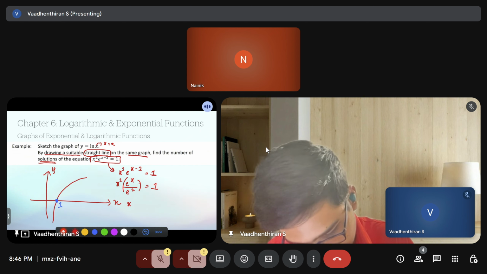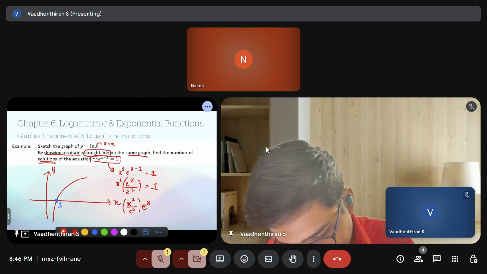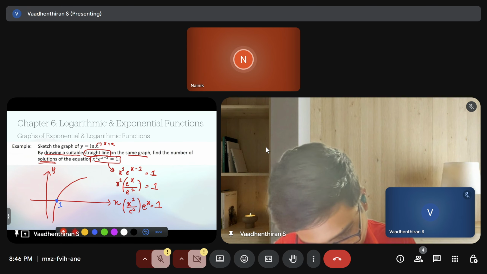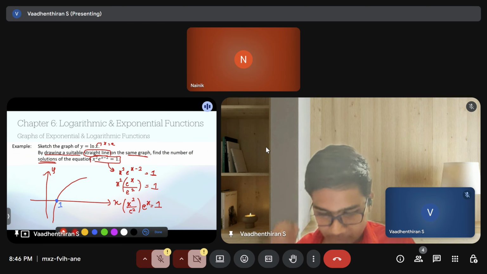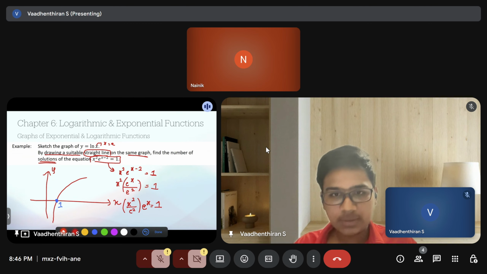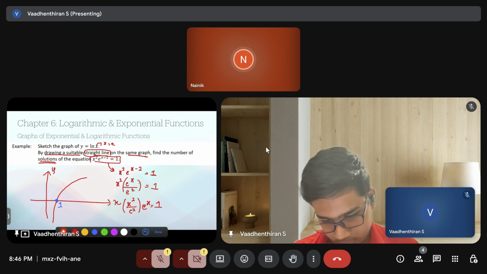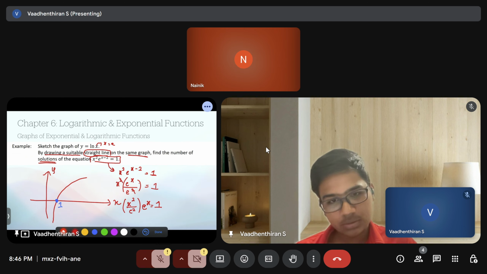Then you have x squared e to the x divided by e squared equals 1. So x minus 2, you can make it from the exponent rule, right? I get that. You can multiply and cancel this out.